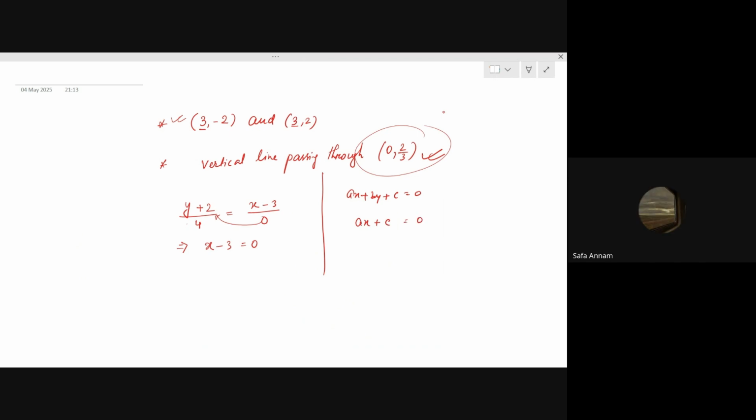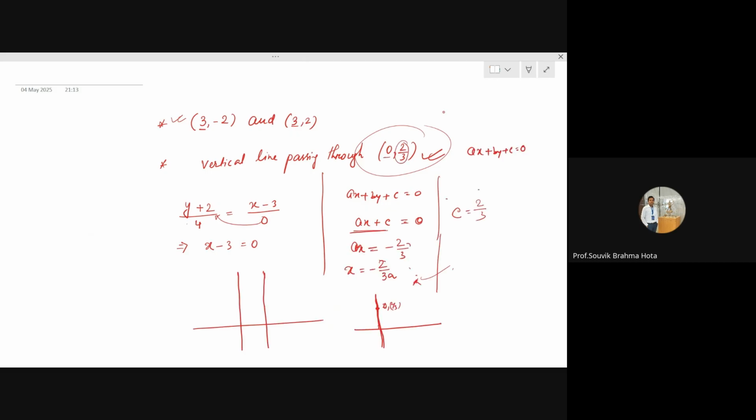Vertical means b has to be 0, that we know.